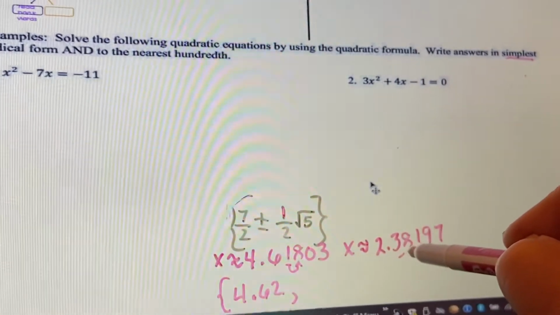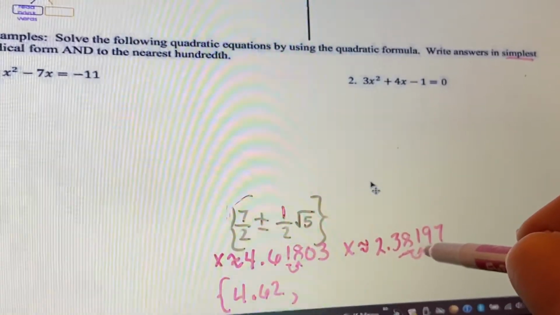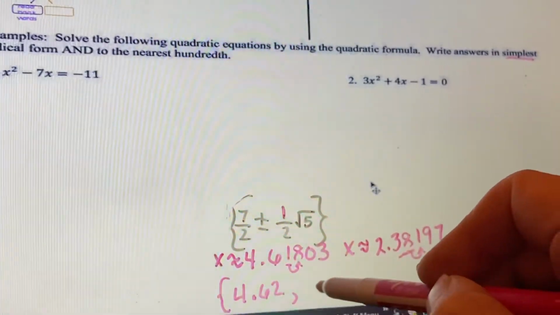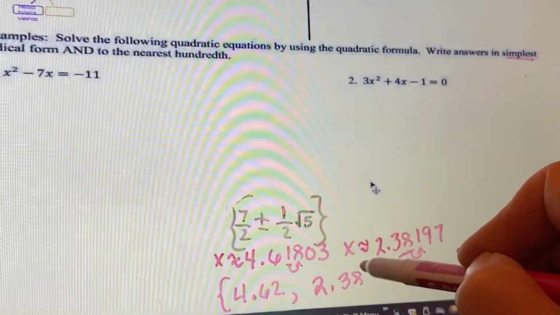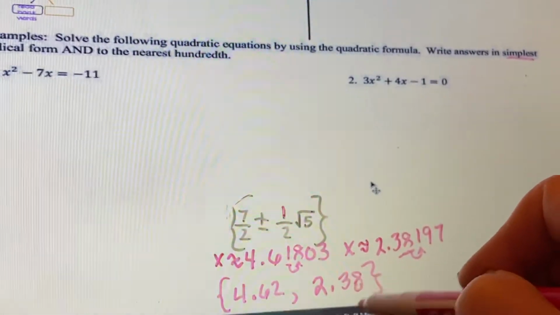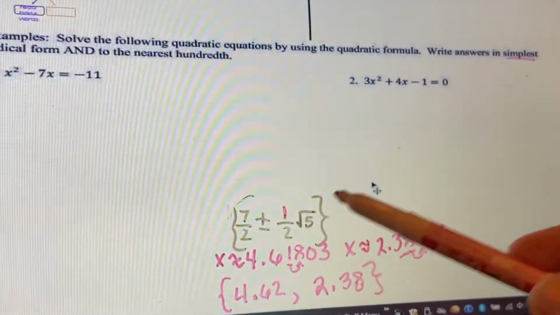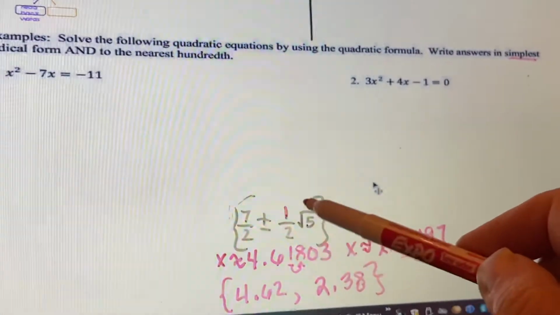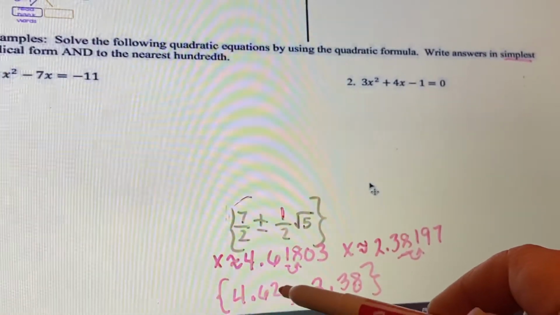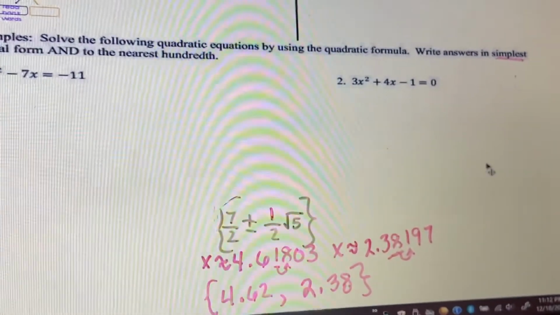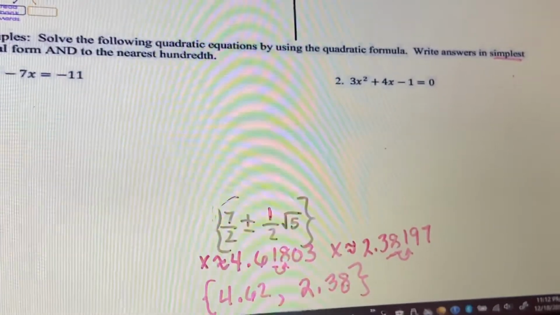And this 8, you go to the right. Does that 1 have enough power to bump that up? Nope. So we say 2.38. And those are your approximations. Okay, these are the two exact answers. These are the approximations to the nearest hundredth. Let's do another one.